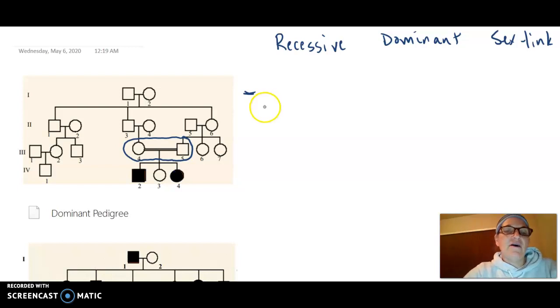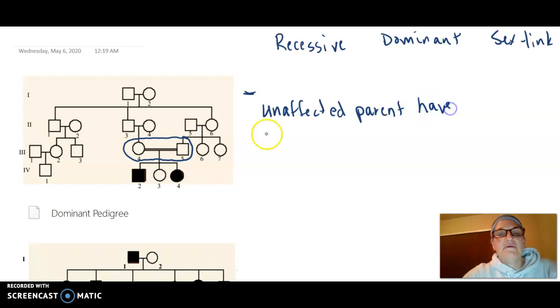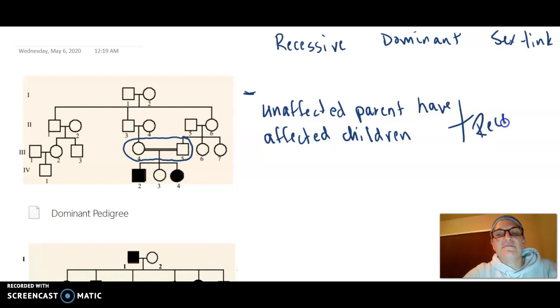When you have unaffected parents have affected children, you know automatically this has to be a recessive trait.